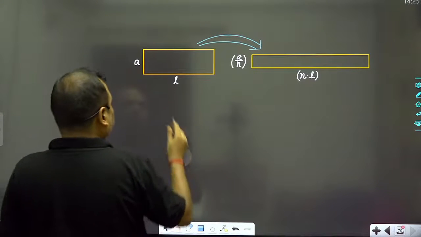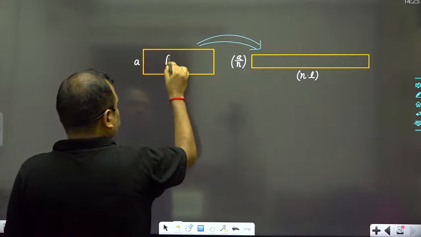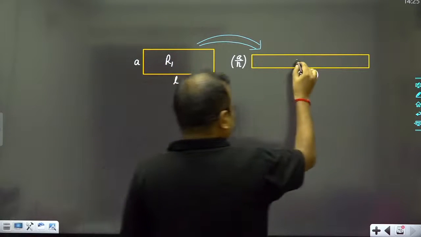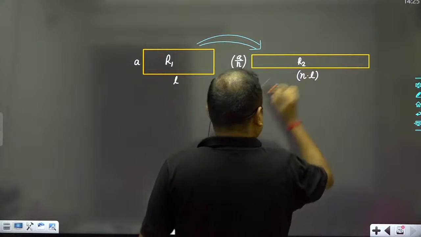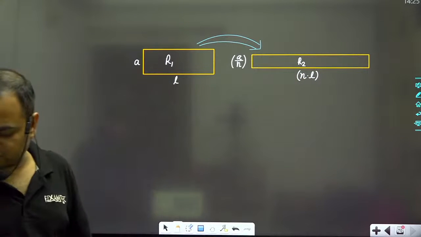Suppose that the resistance of this wire is R1 and resistance of this wire is R2. Rho will remain same.